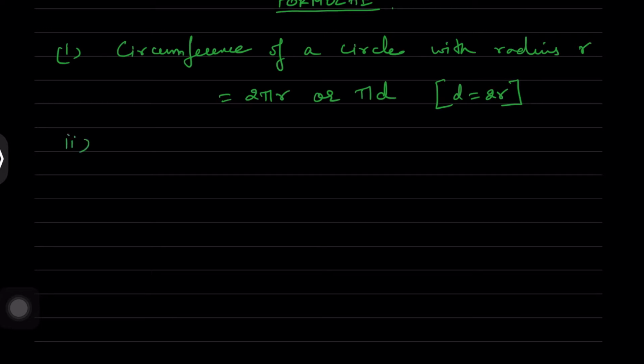The second formula is the area of a circle, which is equal to pi r square.